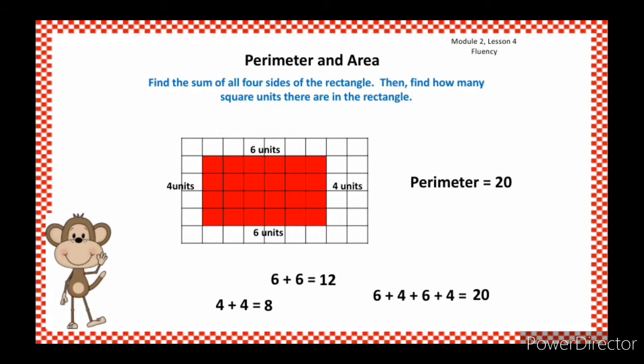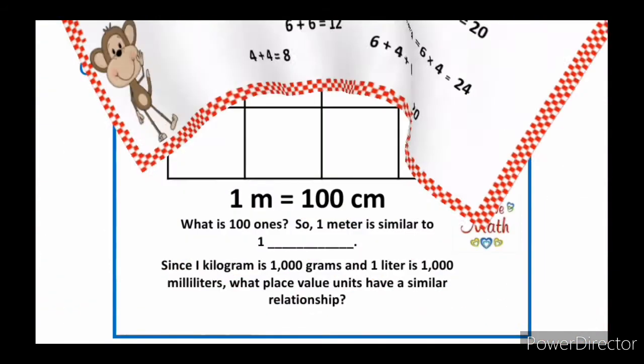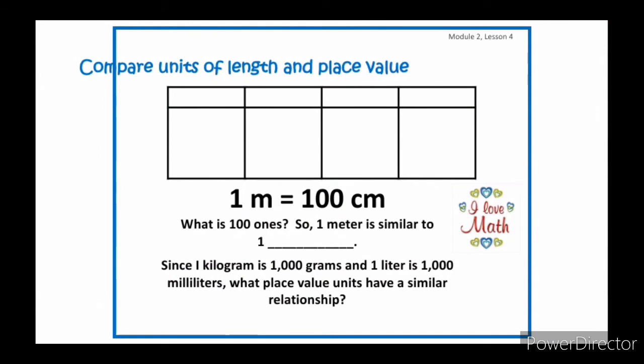Now, to get our area, all we need to do is to multiply the length of the longer side by the length of the shorter side. So our area will be 6 times 4, which will give us 24.